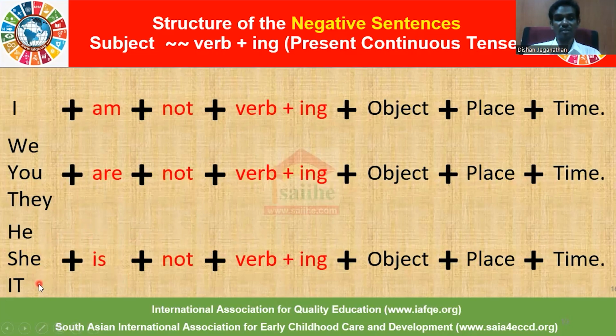He, she, it, plus is, plus not, contracted as isn't, plus verb plus ing, plus object, followed by place and time.